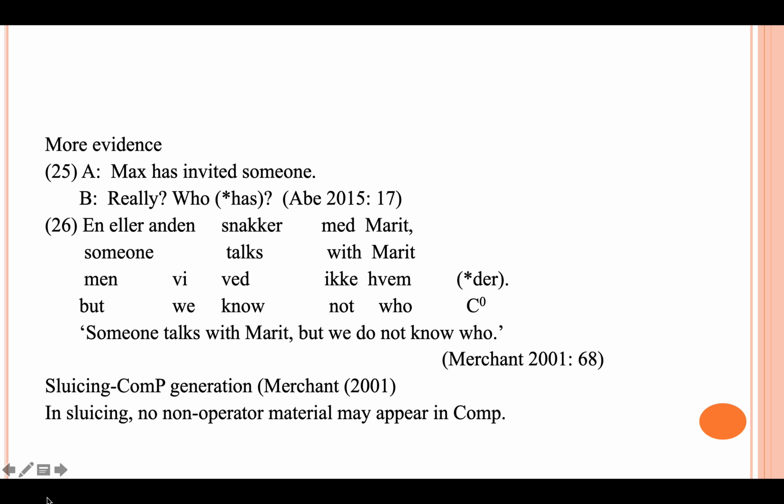And Merchant also studied a lot of phenomena and came to a generalization like this. In sluicing, no non-operator material may appear in complementizer position. That is to say, there is no phonetic form in the complementizer position.